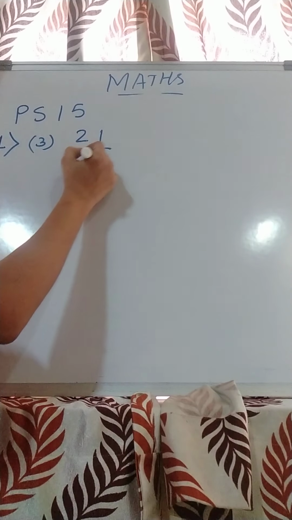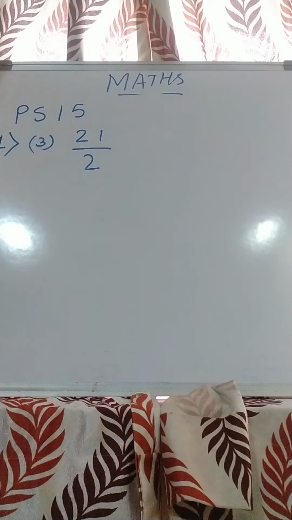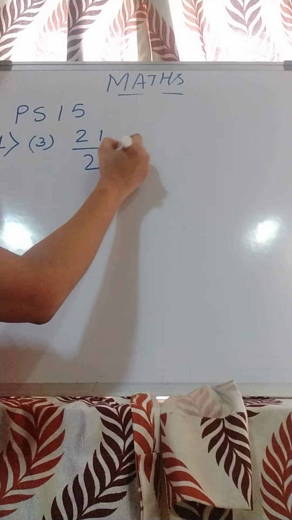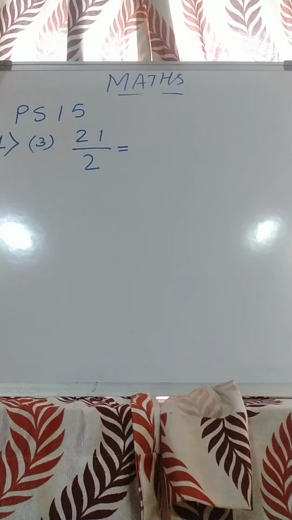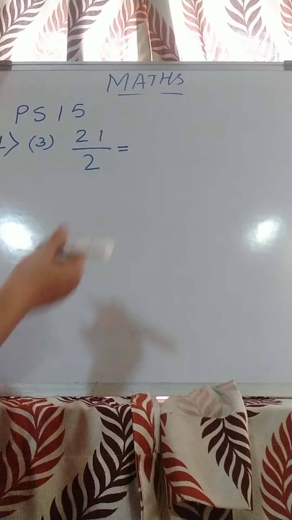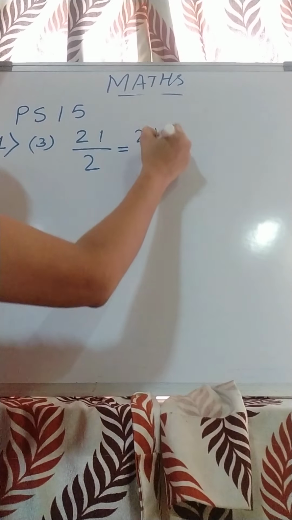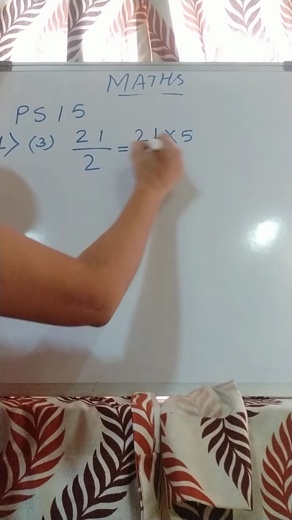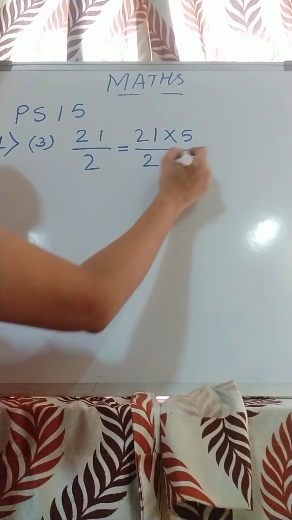21 upon 2. First, I have to make my 2 a multiple of 10. How can I convert 2 into a multiple of 10? 2 5s are 10. So, I can multiply this 2 with 5 and 21 with 5.